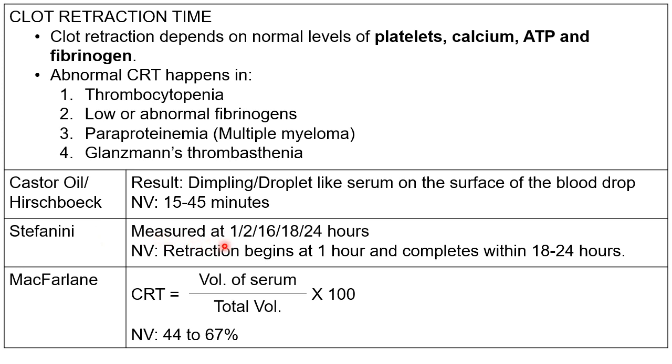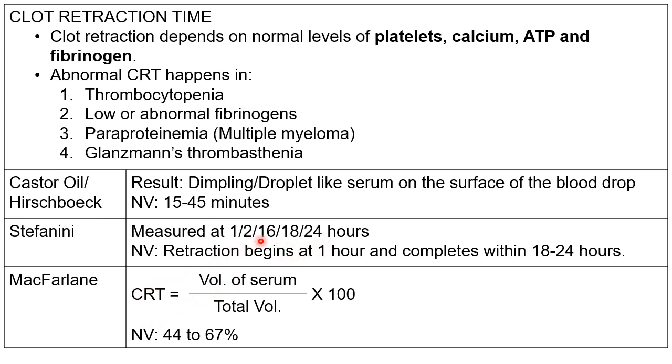Sa Stefanini naman, inaantay mong mag-observe yung retraction time, no? Measured at ang time after 1 hour, after 2 hours, after 16, after 18 hours, and after 24 hours. And ang expected result is that the retraction time will begin at hour number 1, sa first hour, and it will be completed after 18 or 24 hours.